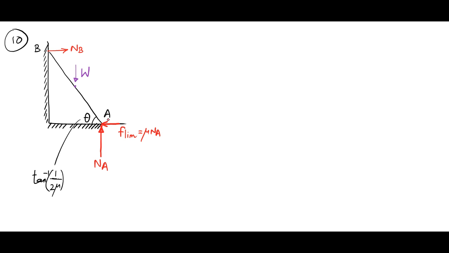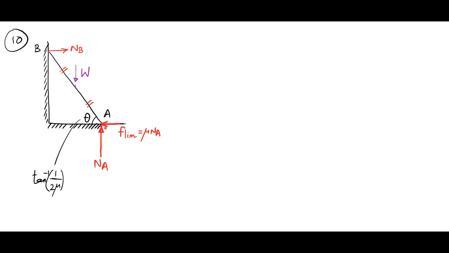After solving the question, we came up with this sort of situation where this rod, it's a uniform rod, and the weight acts at the midpoint, so these two are equal, weight is W, and the rod is in limiting equilibrium. So what are the forces acting on the rod?